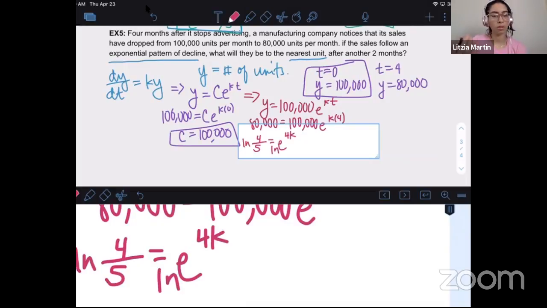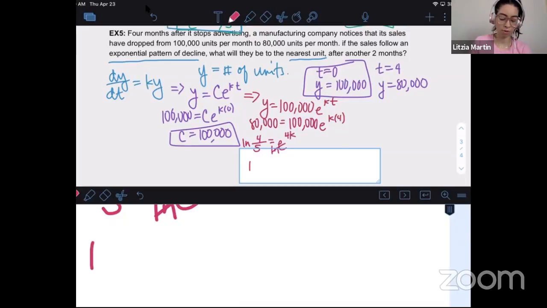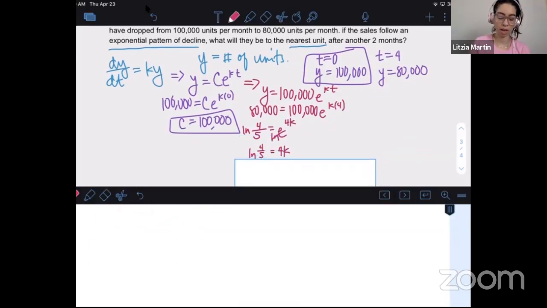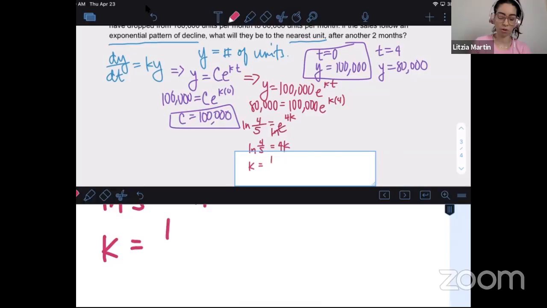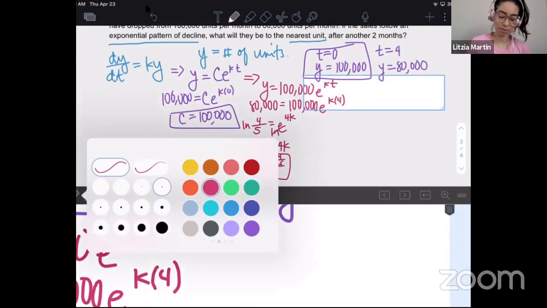Notice we're starting with the same equation, so solving is going to become the same thing for the most part. So we have ln of 4/5 is equal to 4 times k. Divide by 4, so k is equal to ln 4/5 divided by 4. There's the k value. We'll take that and plug it in.